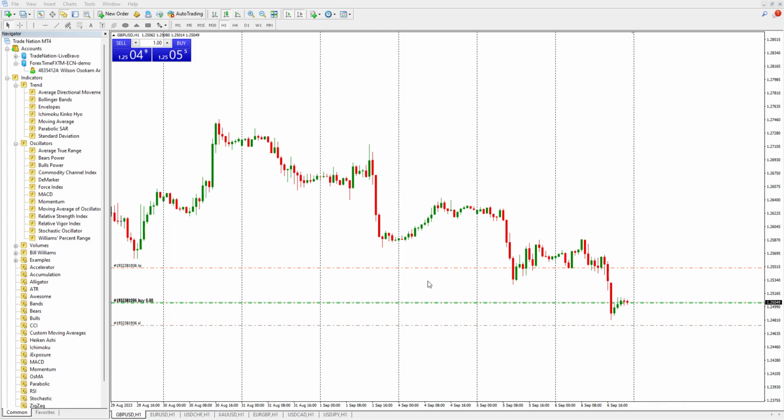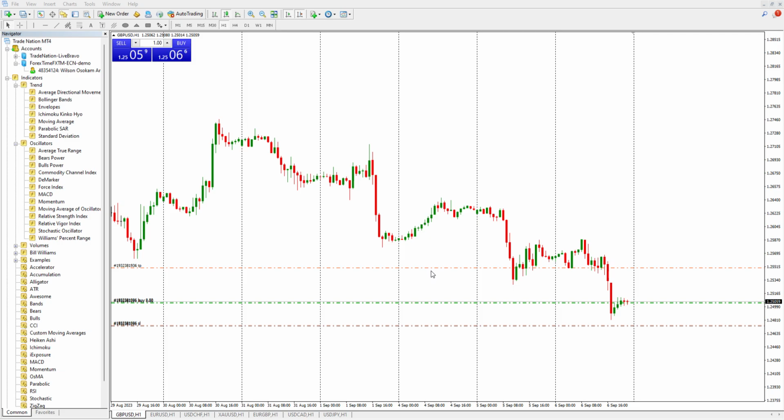Remember I said you can modify either from your terminal or on the chart by dragging on the screen. So this is what we will have.